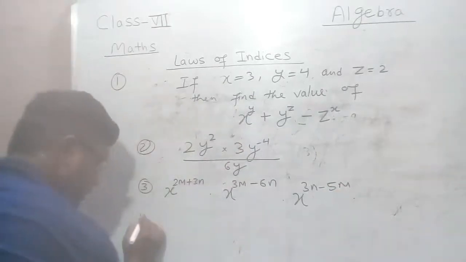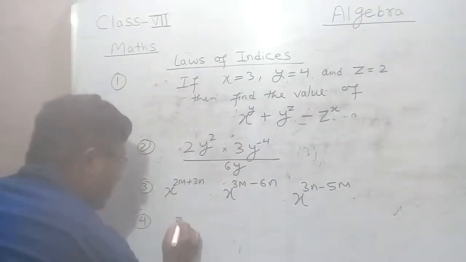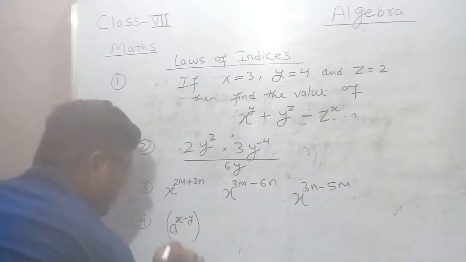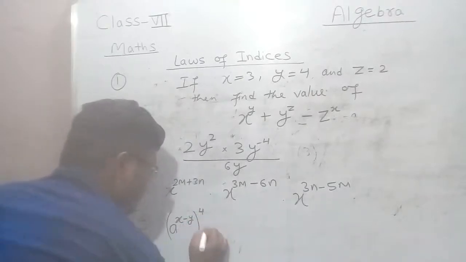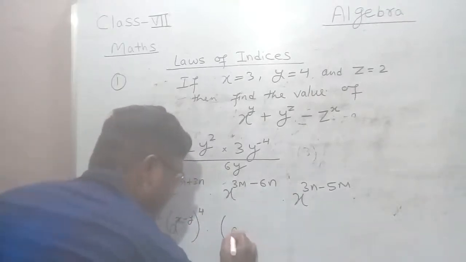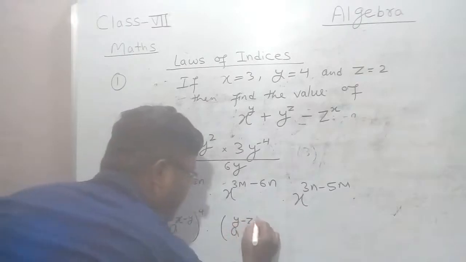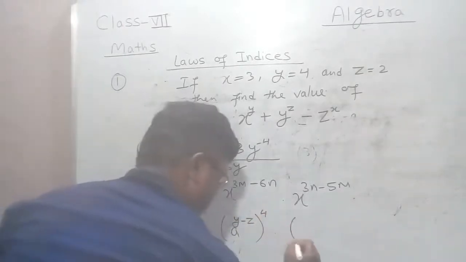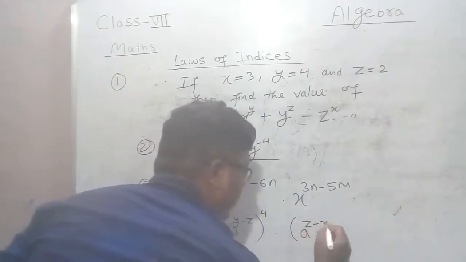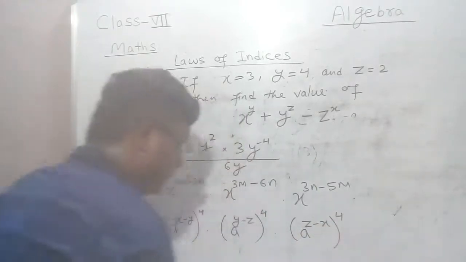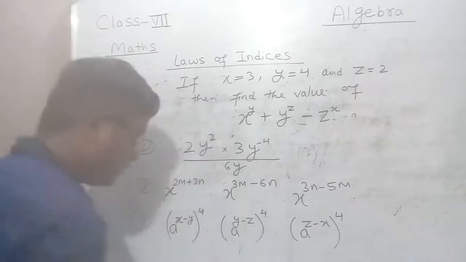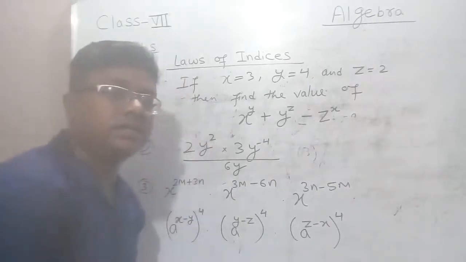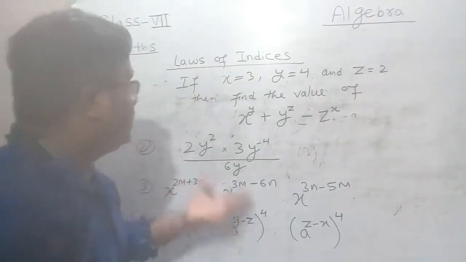And your last question is, a to the power x minus y whole power 4, a to the power y minus z its whole power 4, and a to the power z minus x its whole power 4. Okay, so once again, please you all see the questions, so that there won't be any confusion.